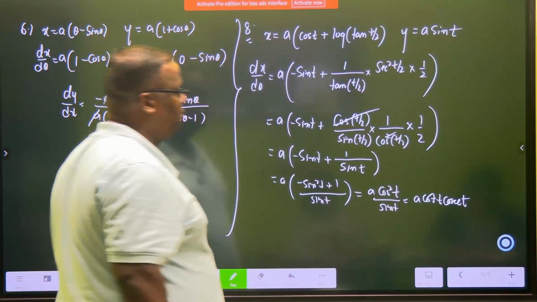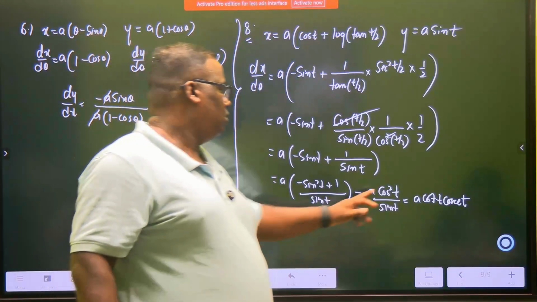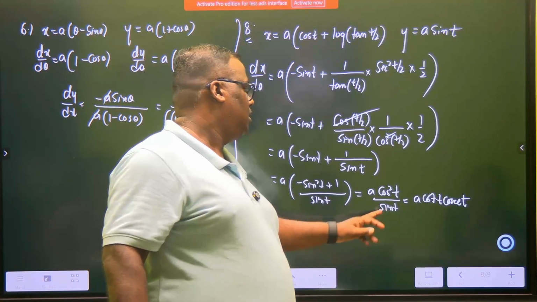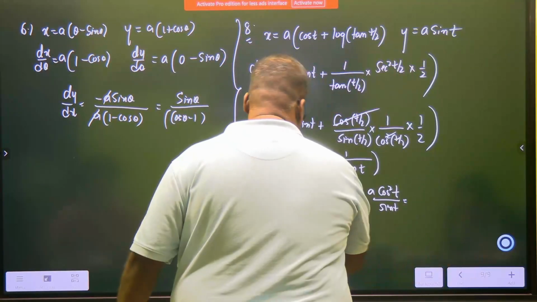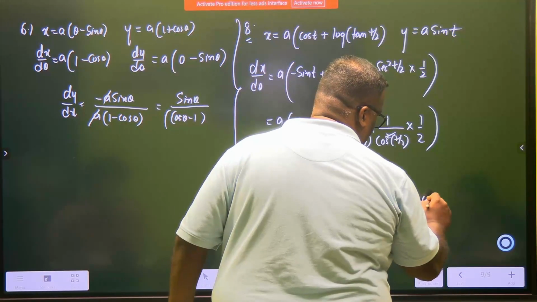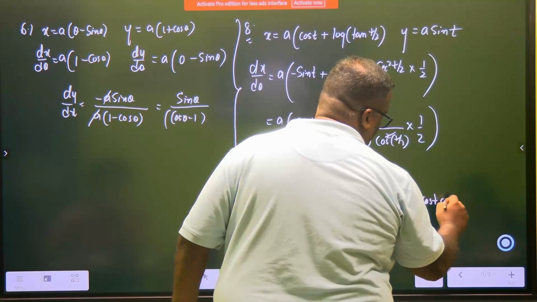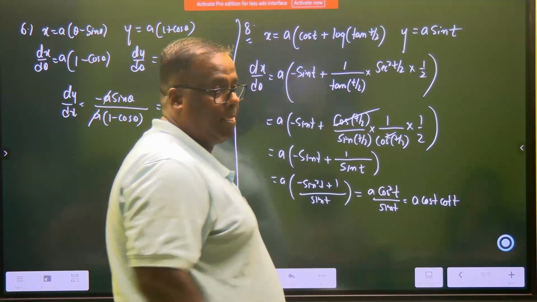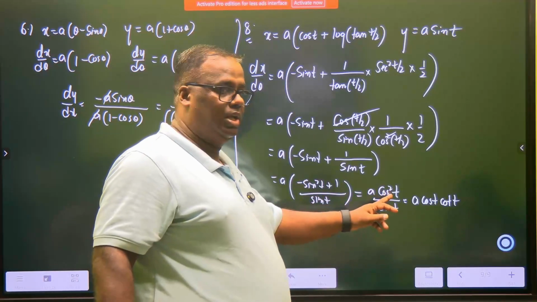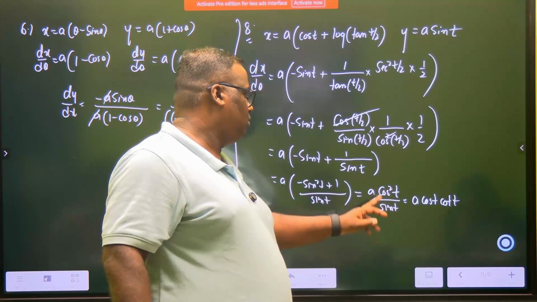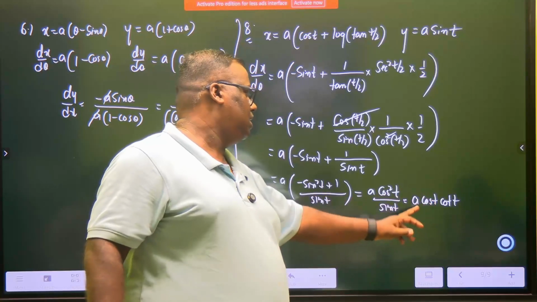Look, cos by sin. We can write it as a cos t cot t. Now just see. Sin square t minus 1 minus sin square t is cos square t. So a cos square t, cos by sin t is cot t into cos t.